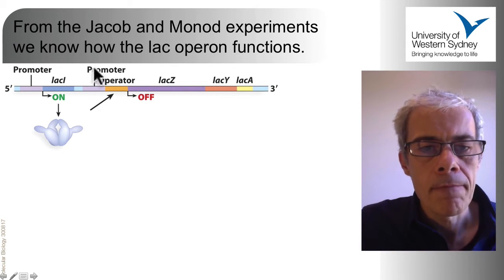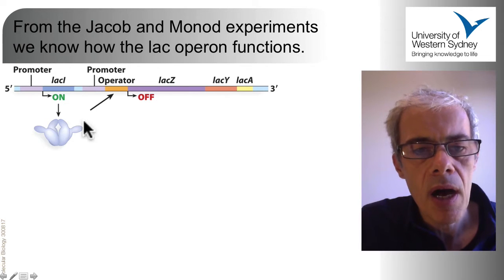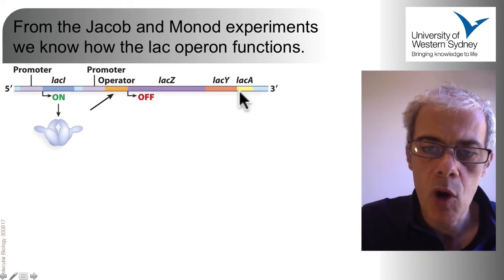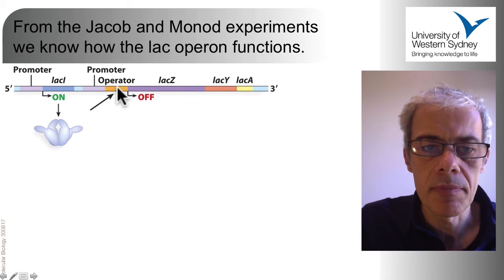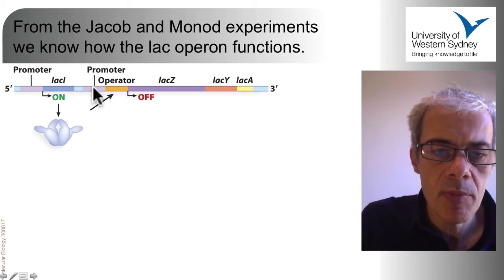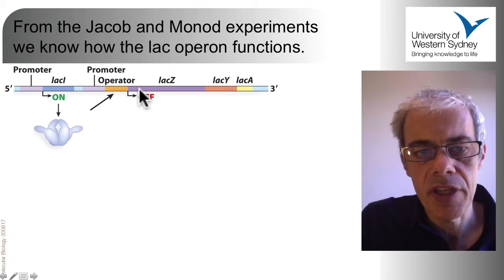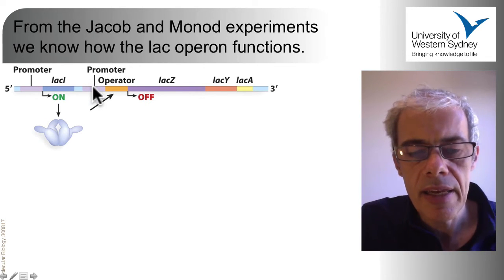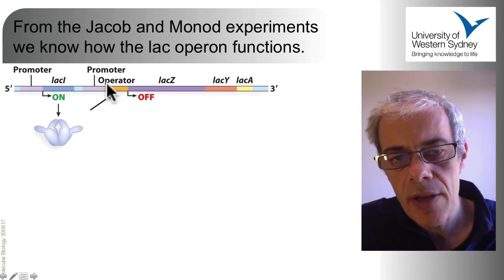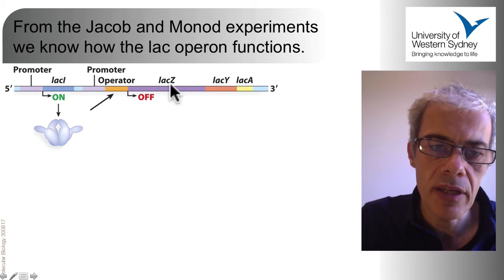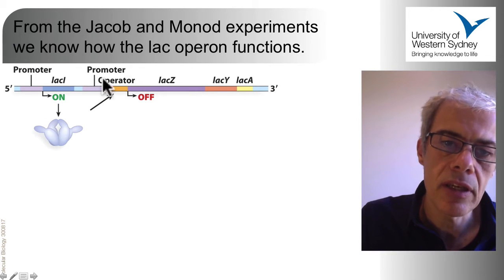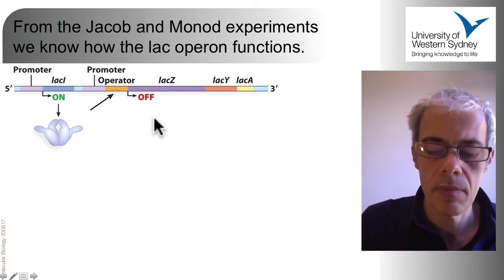Now the repressor binds to a region of the promoter of the Lac Operon called the operator. Now the operator is between the promoter and the structural genes. So where the RNA polymerase binds, the polymerase needs to read through the operator to get to the genes. And if the repressor is there, then the RNA polymerase cannot transcribe the genes.